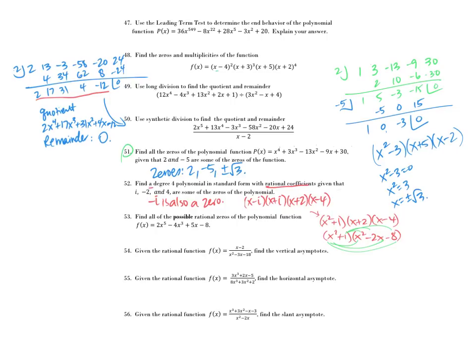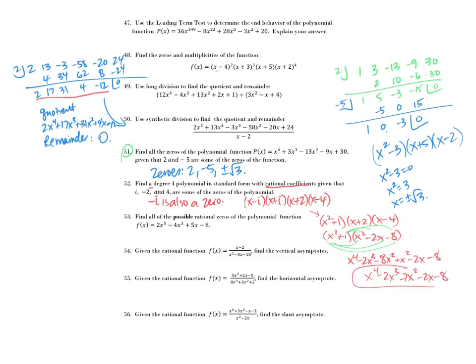X to the 4th minus 2x cubed minus 8x squared plus x squared minus 2x minus 8. So that gives me x to the 4th minus 2x cubed minus 7x squared minus 2x minus 8.